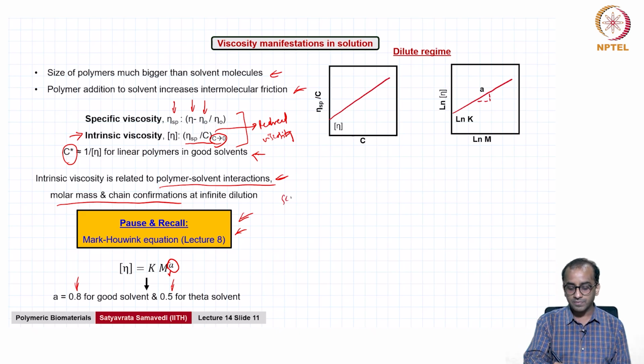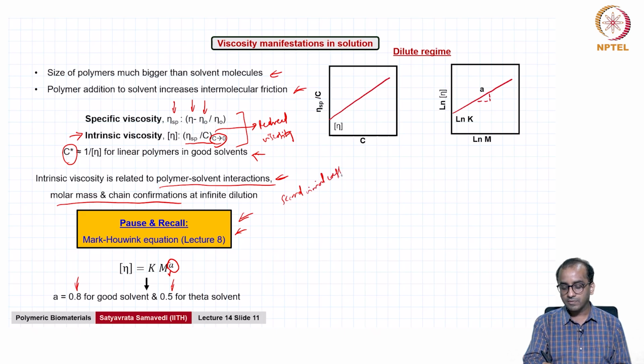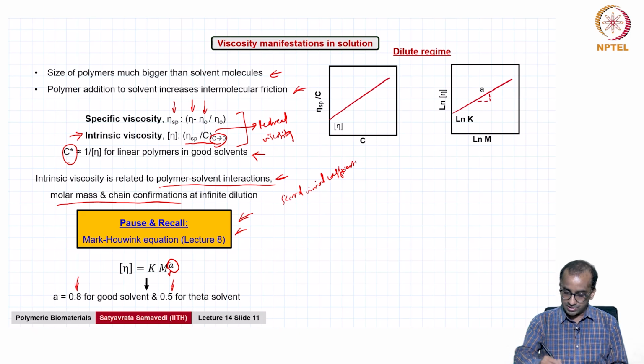We have looked at the second virial coefficient, which is 0 at theta condition.